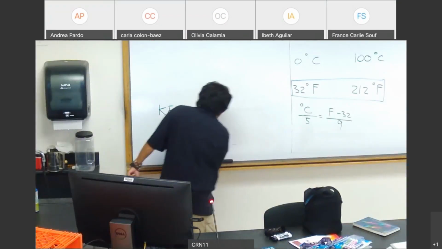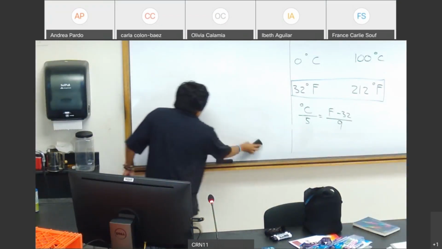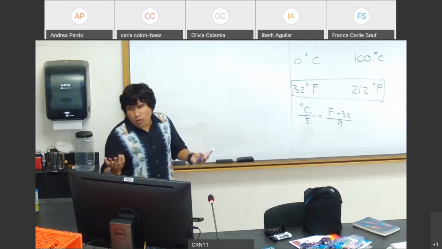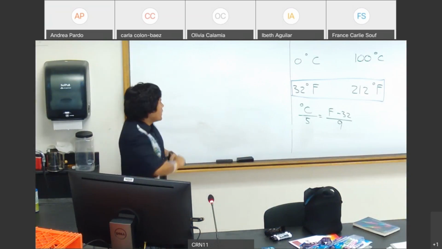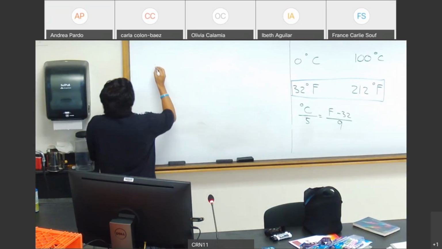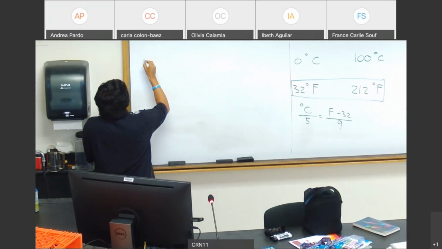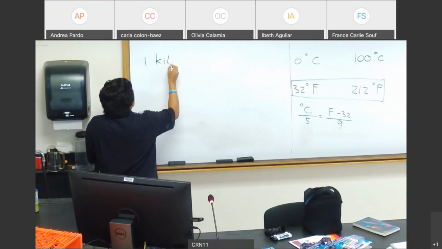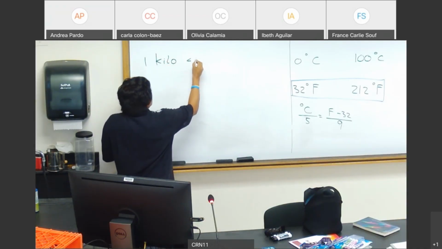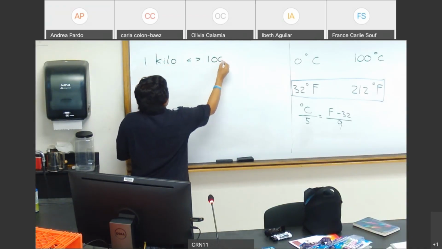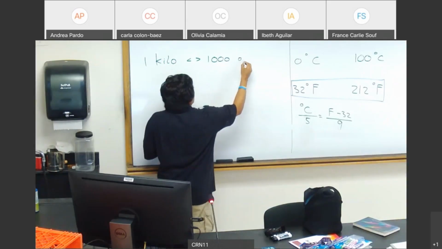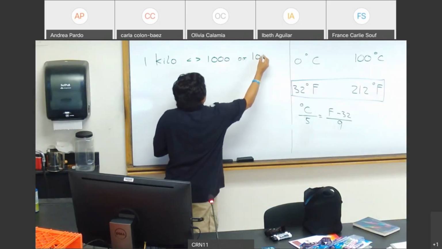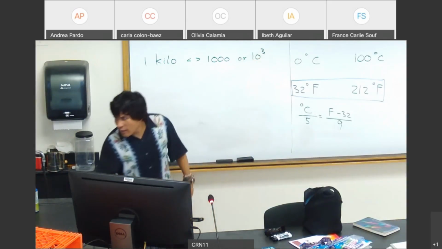So, with the prefixes, something that is very useful that you should do is to have a small table. Remember, right? 1 kilo is 1,000 or 10 to the power of 3. Can you see that?